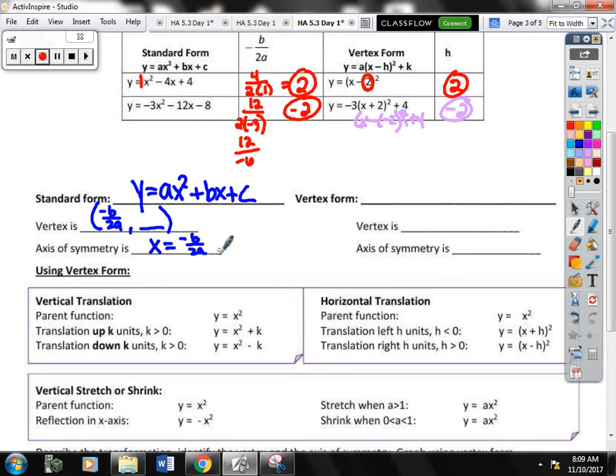Now, vertex form, as you can see up here, is written differently. Y equals a times x minus h squared plus k. It's called vertex form because the vertex is in this form. The vertex is h, comma, k.